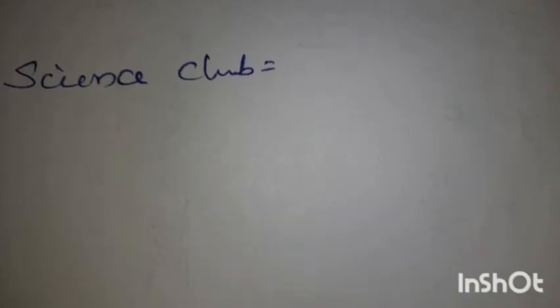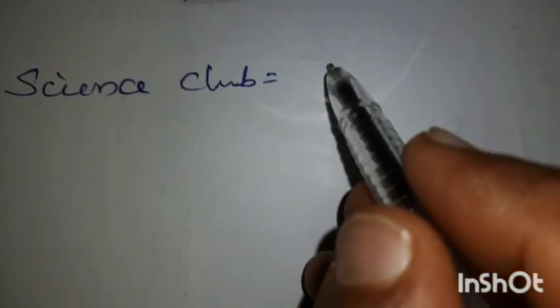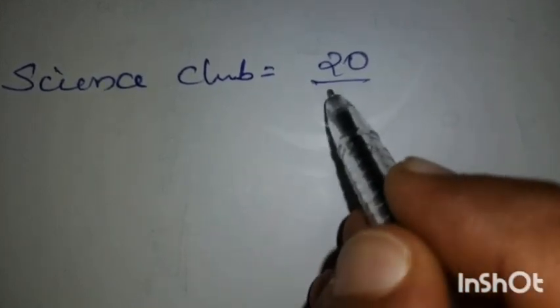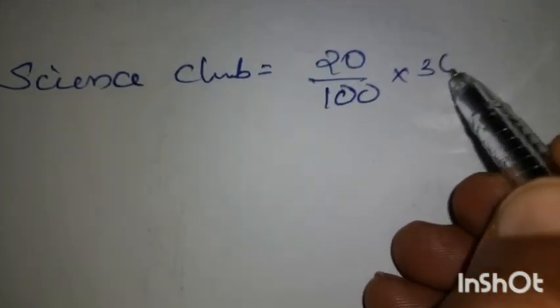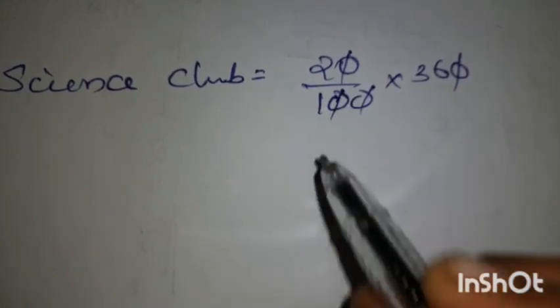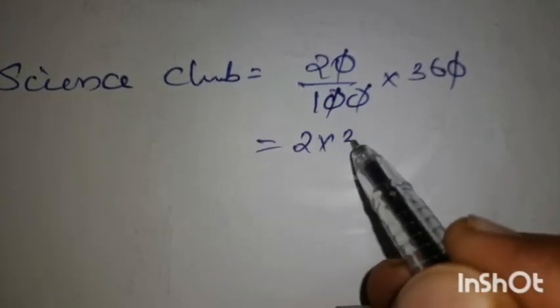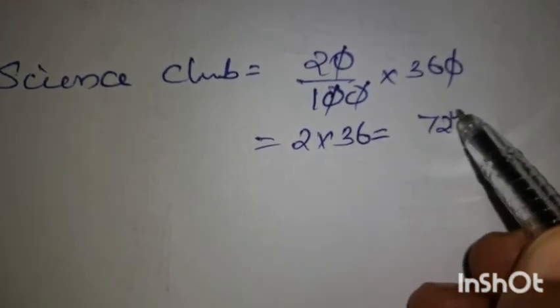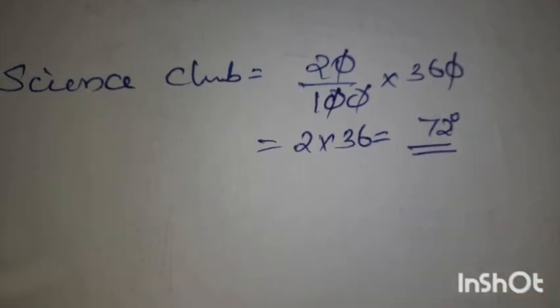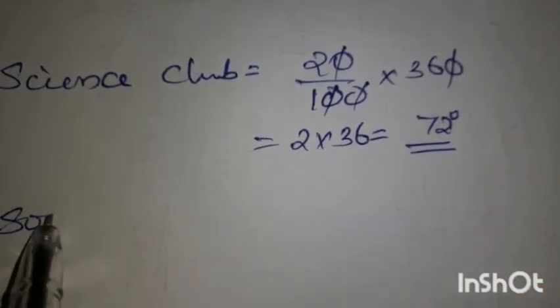Next one is the Science club. We are finding out the angle. Total 20 students in the Science club, out of 100 multiplied by 360. So it will be 2 into 36. We will get 72 degrees. Next one is Social.